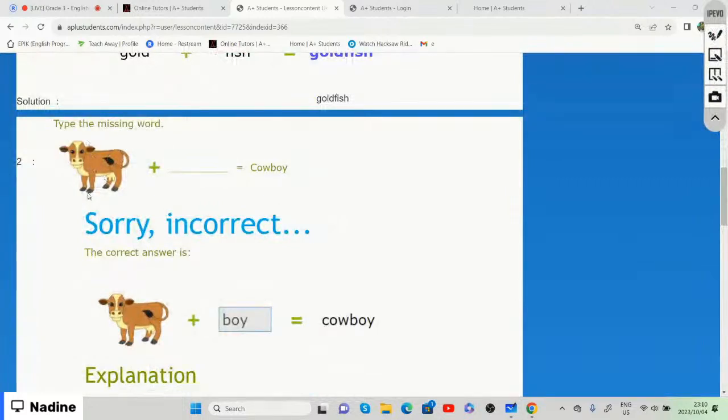Here we have a cow, right? Cow plus what equals cowboy? What is the other smaller word that we need to add with the word cow in order to get cowboy?